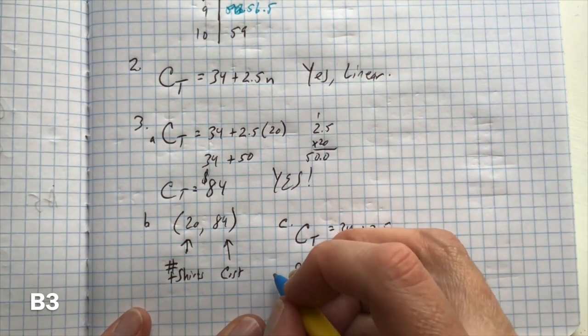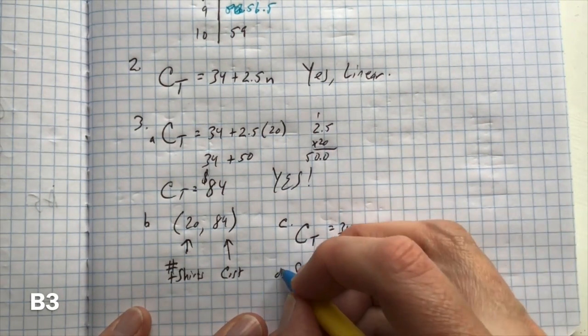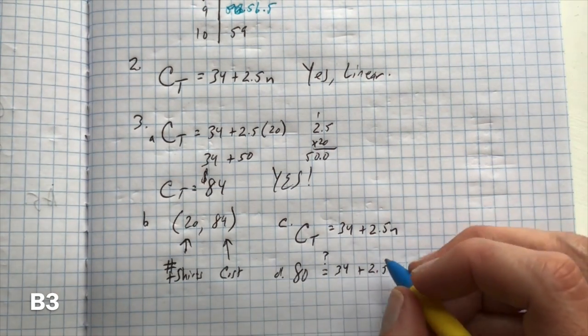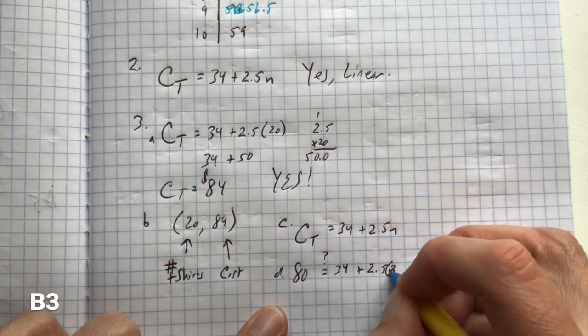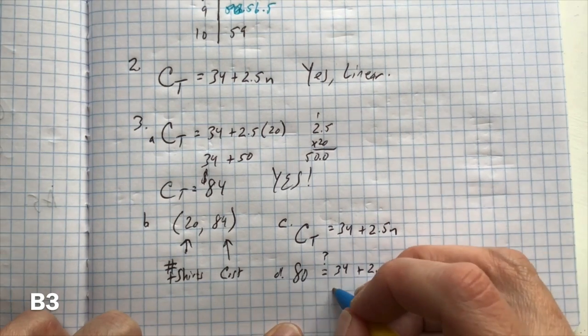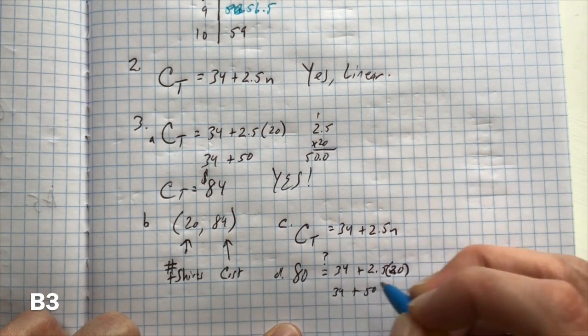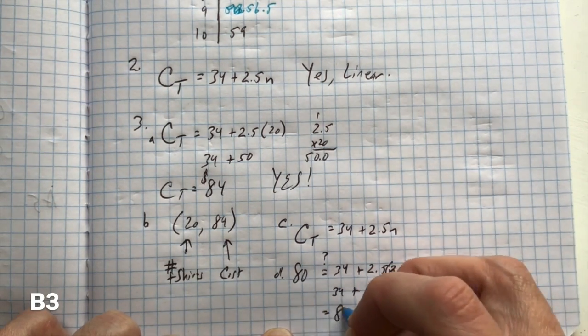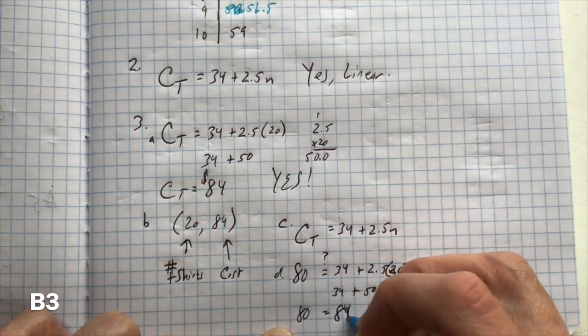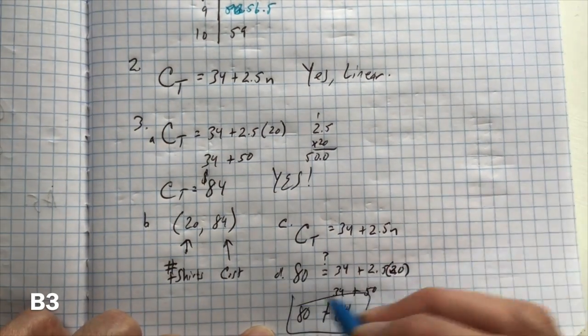I'm actually doing this as part D. So we know that that 2.5n was going to be putting in 20 in there, so let's change that n to a 20. And we knew it was going to be 34 plus 50, which we knew is 84. Look at that. No, these don't equal. They're not going to work.